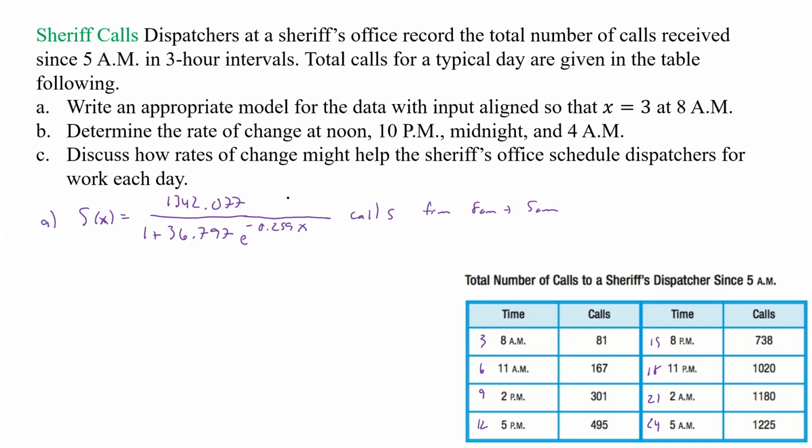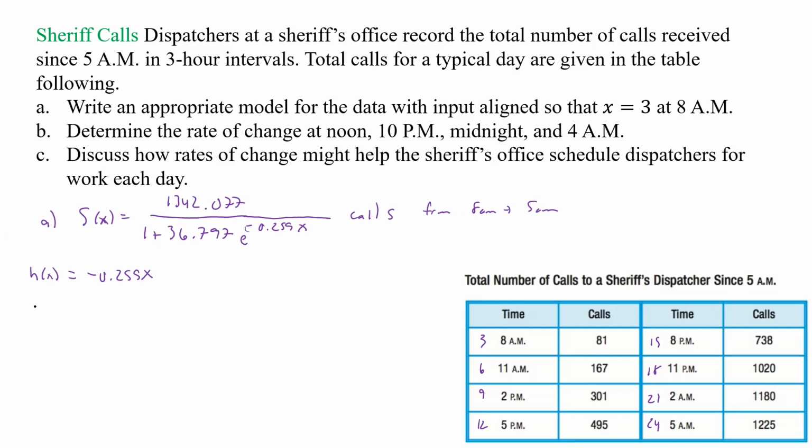With logistic, we're going to have 3 parts. Let's say the most inside function is this piece, h of x, and that's going to be negative 0.259x.